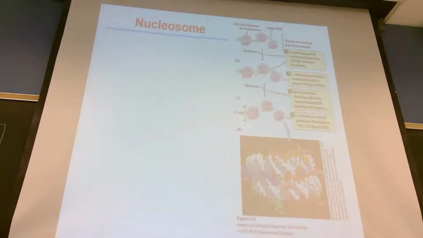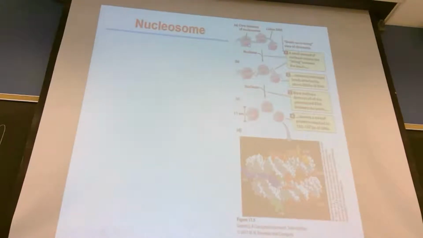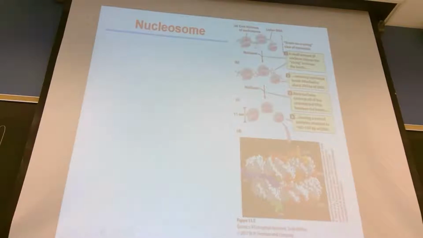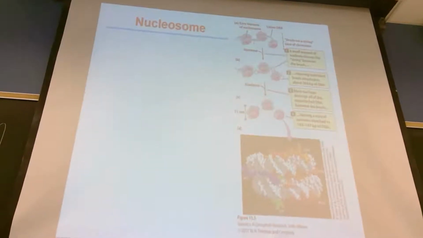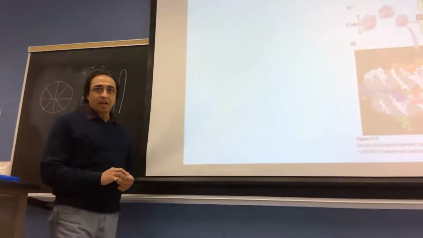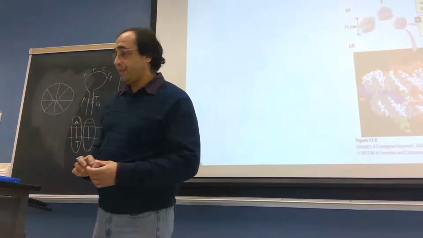Between these two nucleosomes, right now histone 1 is not there, so these are called nucleosomes. This part of the DNA is called the linker DNA. This is the very basic structure of the chromosome.